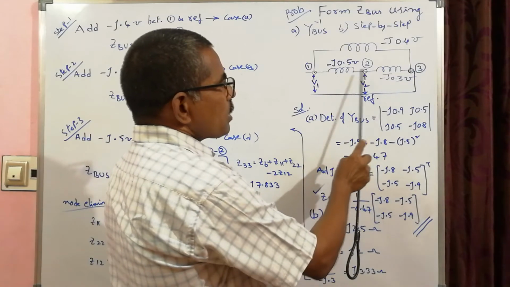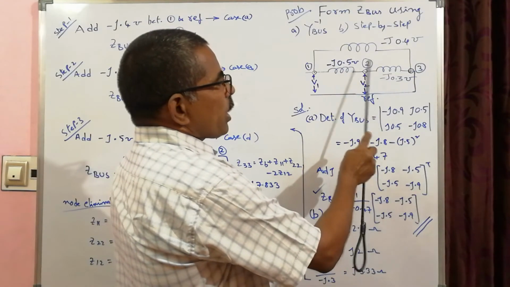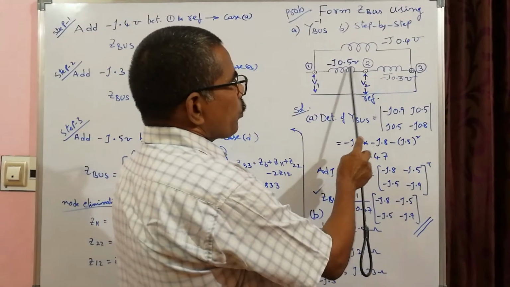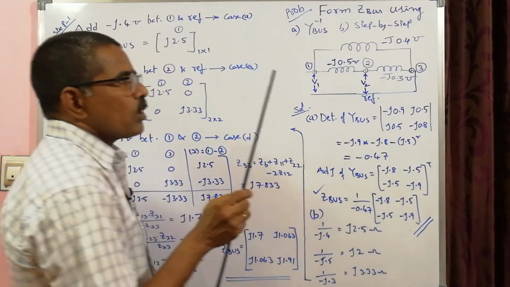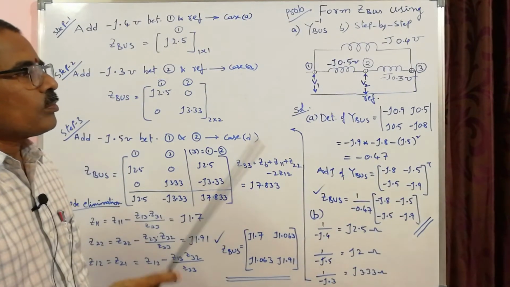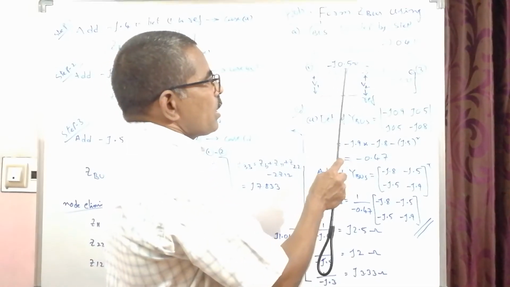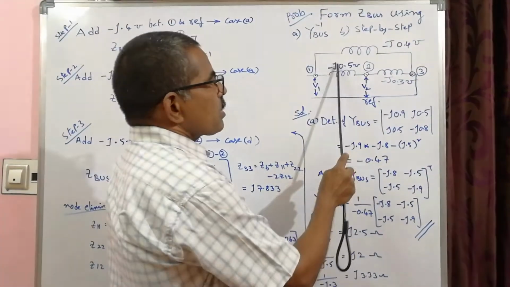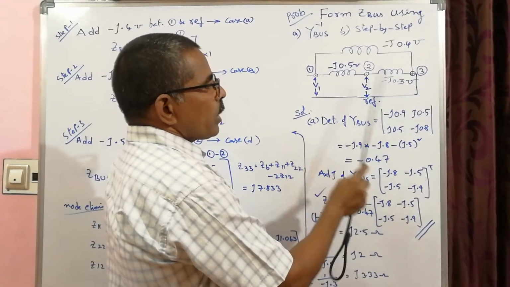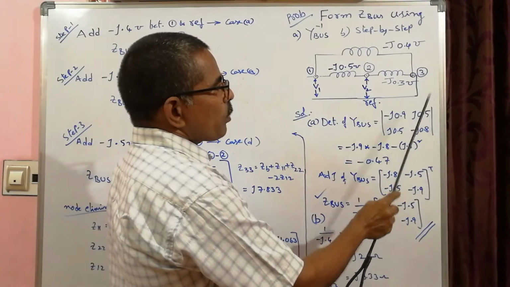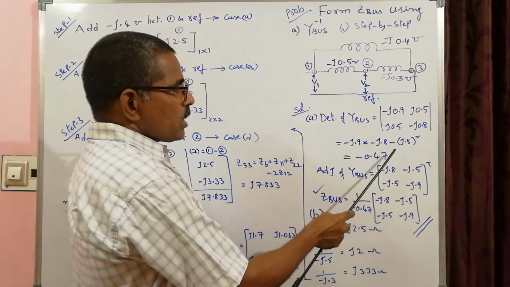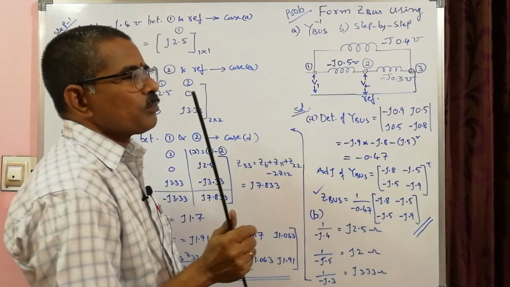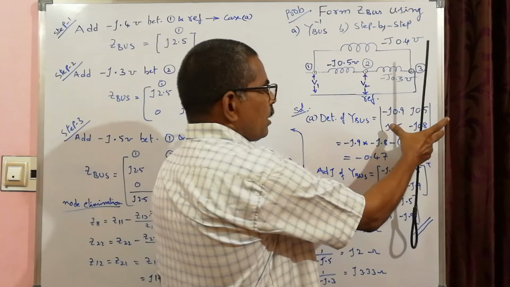Y22 is minus J 0.5 and minus J 0.3, which if you add up directly gives minus J 0.8. And Y12 is the negative of the admittance between 1 and 2, so J 0.5, and the same is the case for Y21. So, this is actually Y bus.